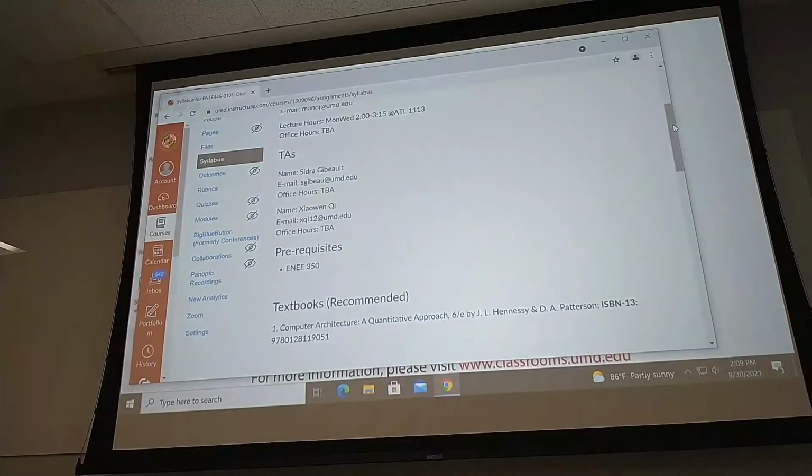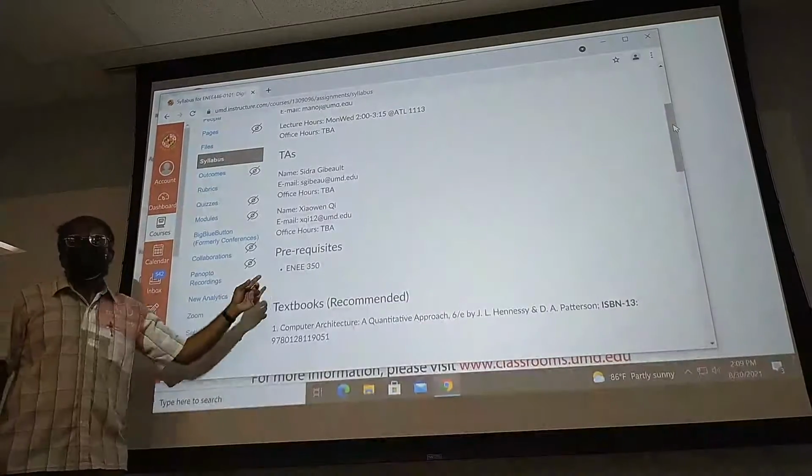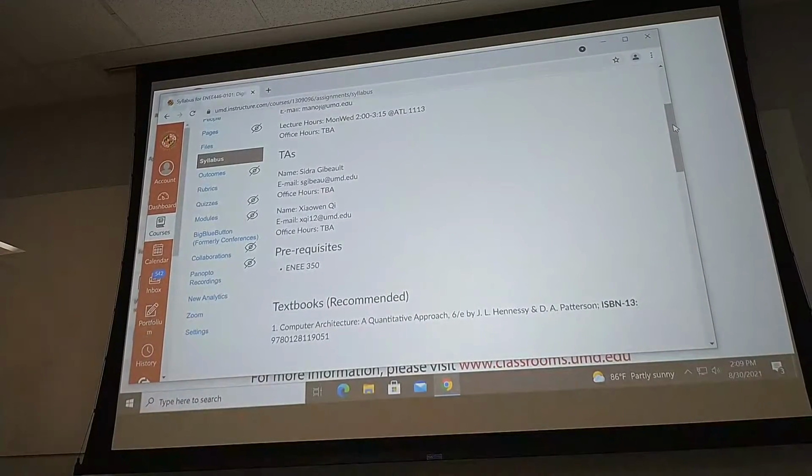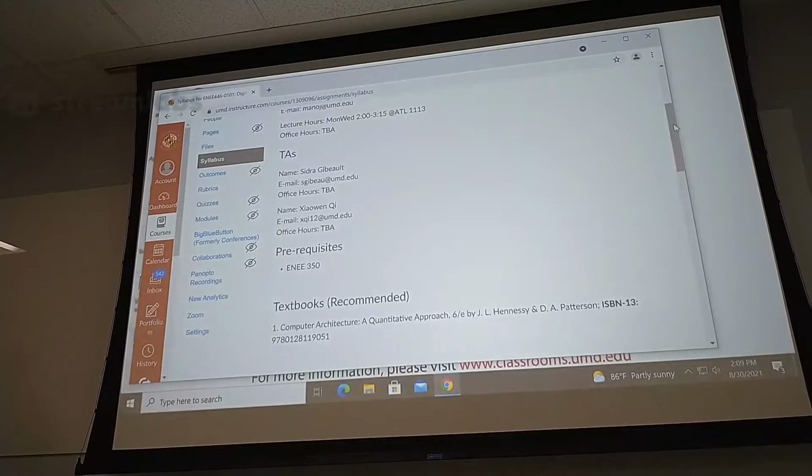And the prerequisite for this course is 350. Actually just a continuation of what you learned in 350. In 350 we teach basic computer organization, how computers work, instructions and architecture, etc. In 350 the focus was primarily on getting correct implementation of hardware.